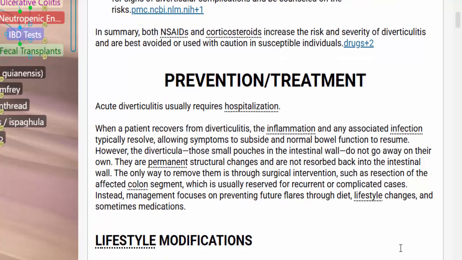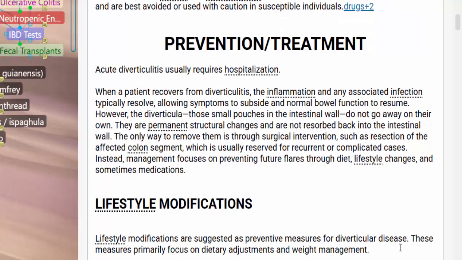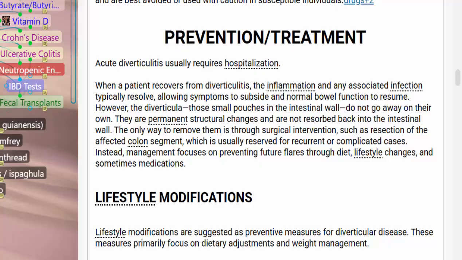All right, now let's move on to prevention and treatment. First of all, in terms of treatment, acute diverticulitis usually requires hospitalization. When a patient recovers from diverticulitis, the inflammation and any associated infection typically resolve, allowing the symptoms to subside and normal bowel function to resume.